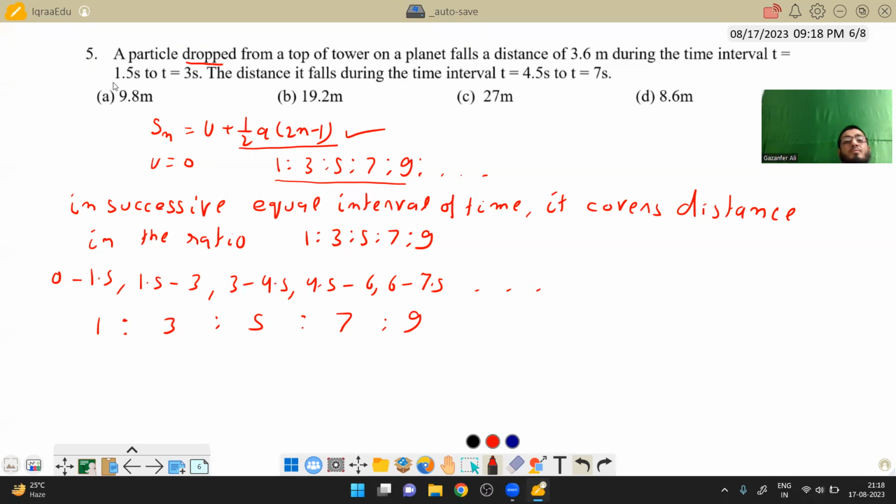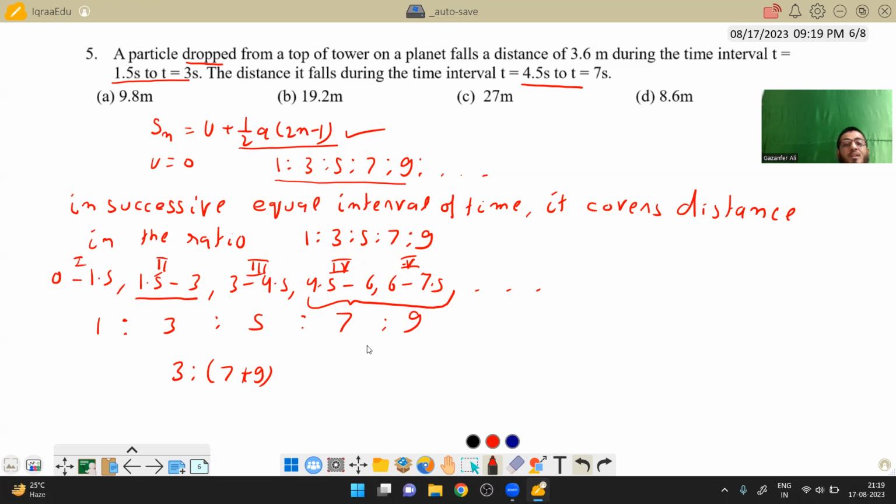So this is 1.5 to 3 seconds, the second interval. And this is 4.5 to 7.5. So this is the first interval, second interval, third interval, fourth interval, and this is the fifth interval. The question asks the distance in these two intervals, which will be in the ratio of 3 to 7 plus 9.